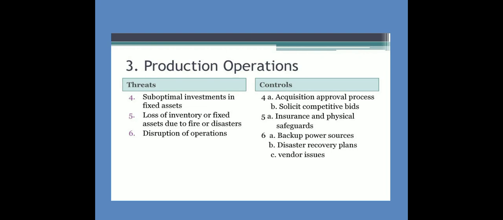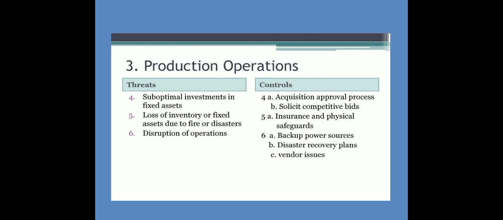Number 4, suboptimal investment in fixed assets. Number 5, loss of inventory or fixed asset due to fire or disasters. 6 is disruption of operation.